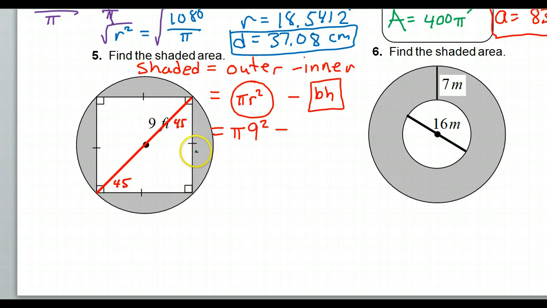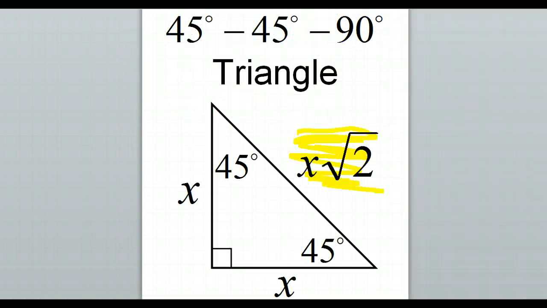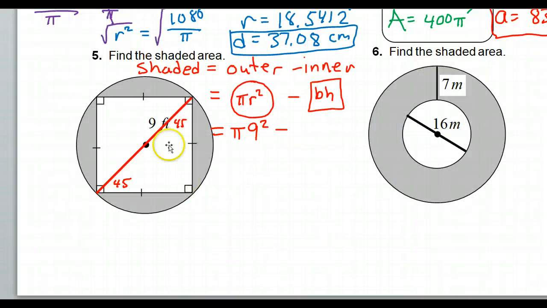Now, remember the pattern from the formula sheet. We need to know what the sides are, so let's call them x. We know they're the same, so the hypotenuse here is going to be x radical 2.